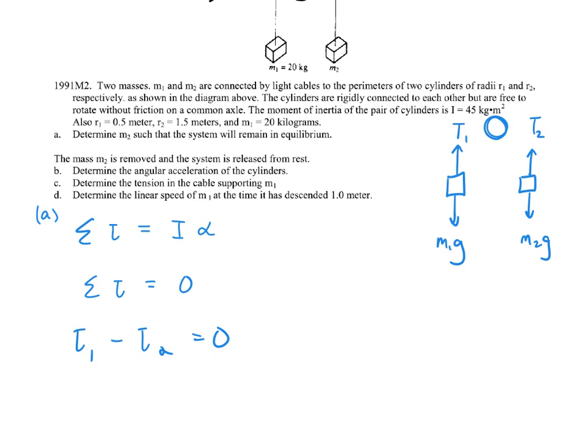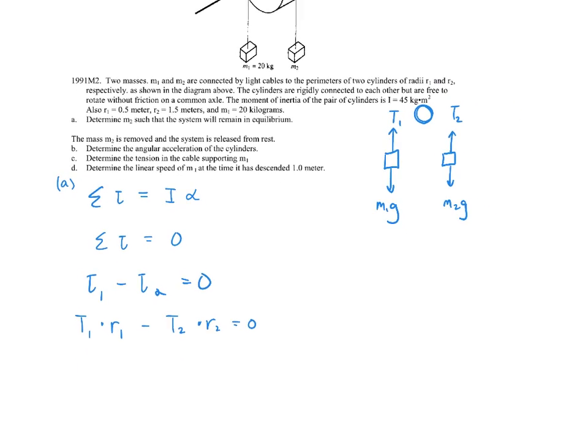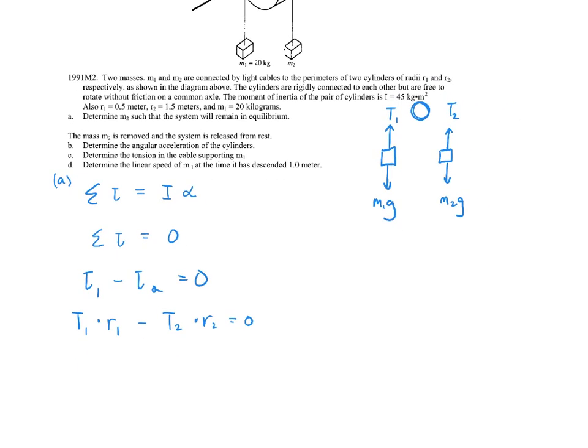So we've got force times R, so this is going to be the tension in cable 1 times R1 minus the tension in cable 2 times R2. And what we'll note here is that, again, the tension is equal to, as Chris said, the mass times gravity, or the downward force. So on the left side, we're going to have M1G times R1, and this is going to be M2G times R2.